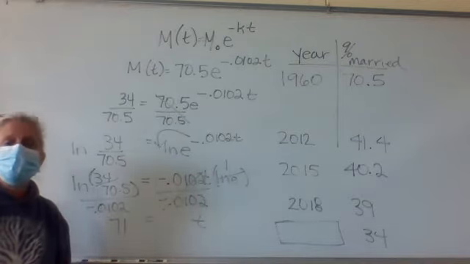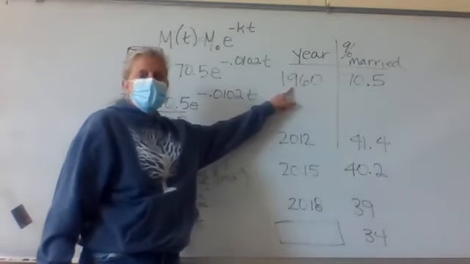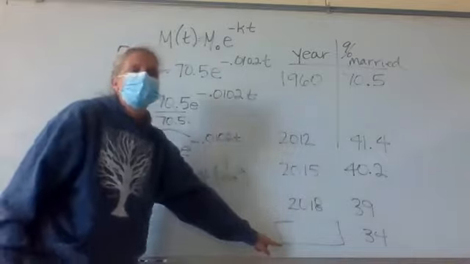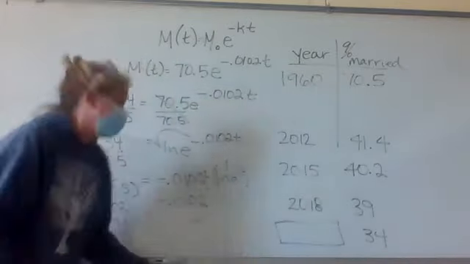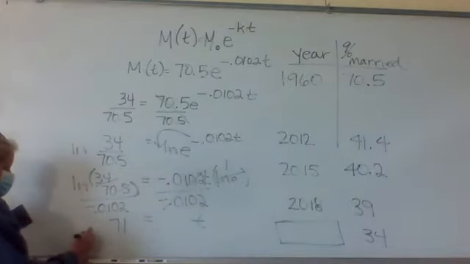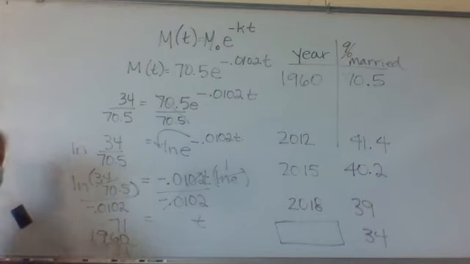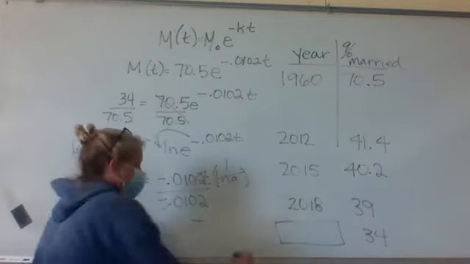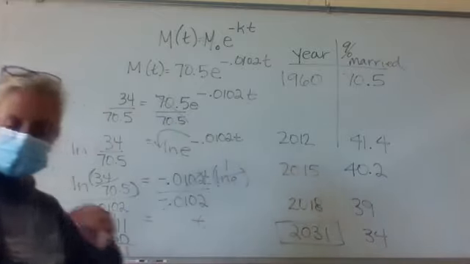So where did we start? We started at 1960, and it took me 71 years to get to 34%. So I just need to add this 71 to 1960 to see what year I'm at now, which would be 2031. That would be the year.